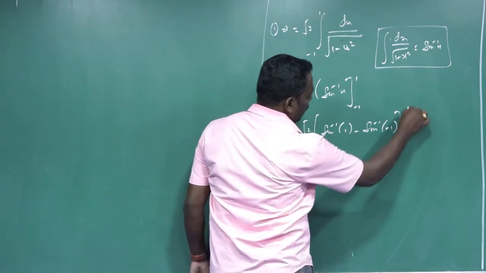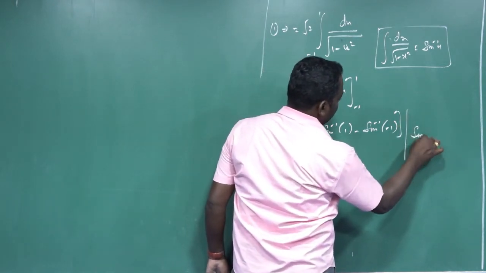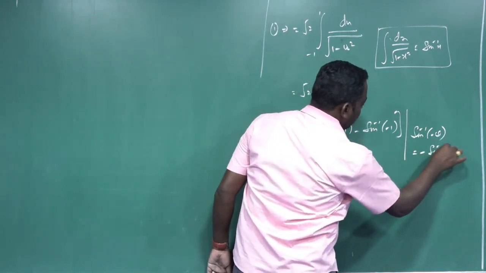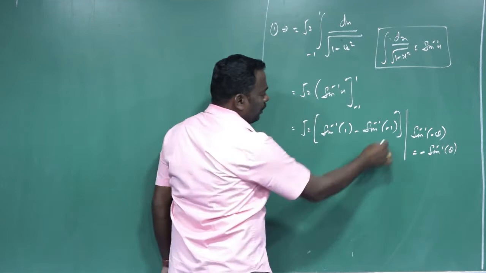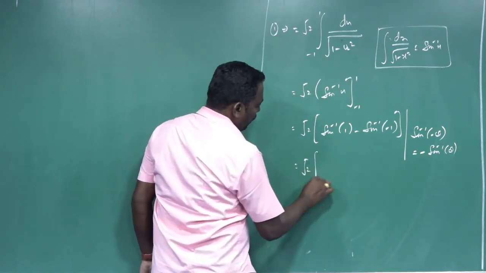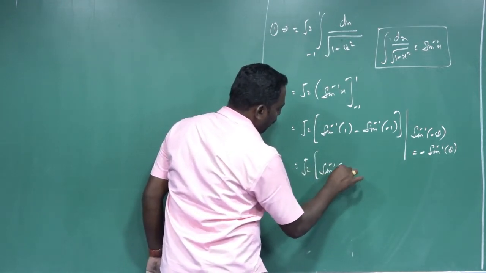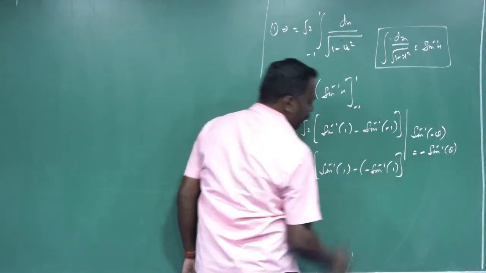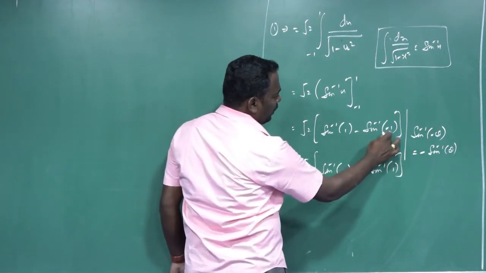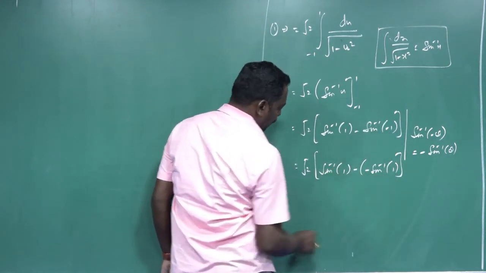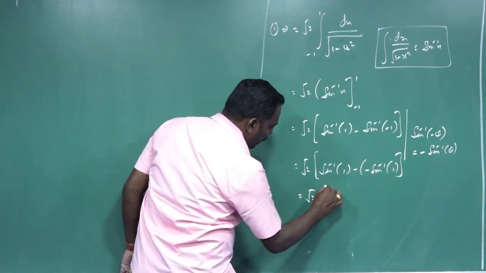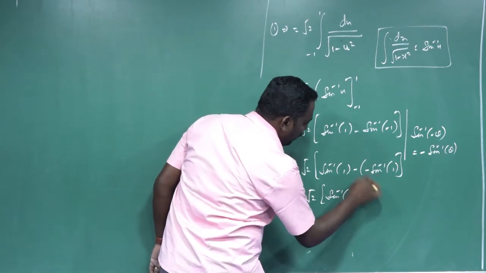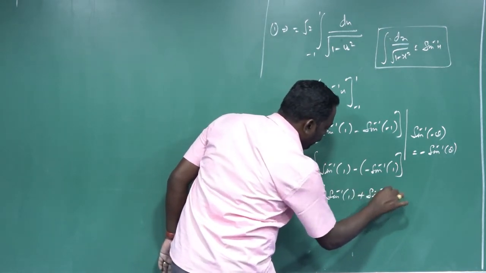Now we know the trigonometric formula: sin inverse of minus theta is equal to minus sin inverse of plus theta. Applying this formula, root 2 into the bracket: sin inverse of 1 minus minus sin inverse of plus 1.